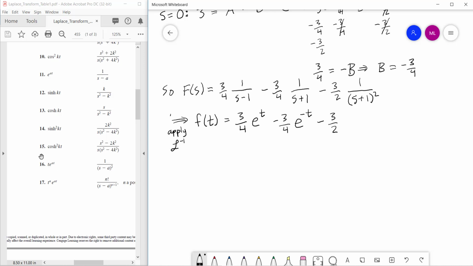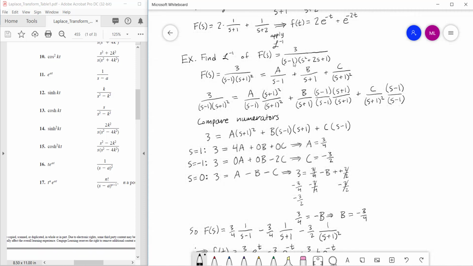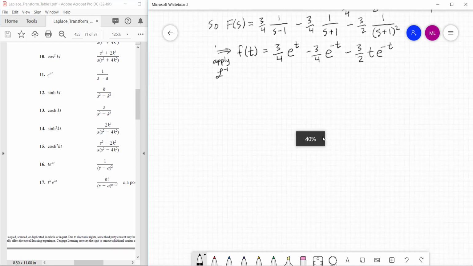So that looks like t e to the negative t. And there is our f of t that we get in that case. So in this case, a combination of some non-repeated factors, some repeated factors. This is how you do that. Let's do one last example.